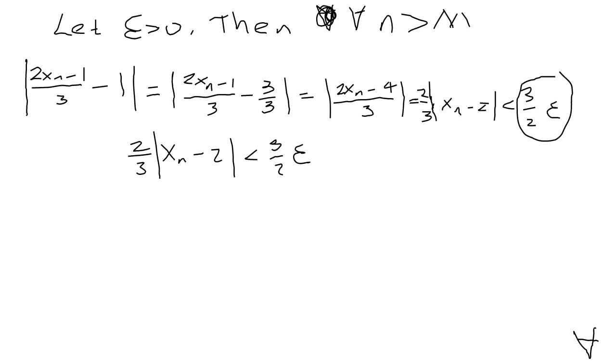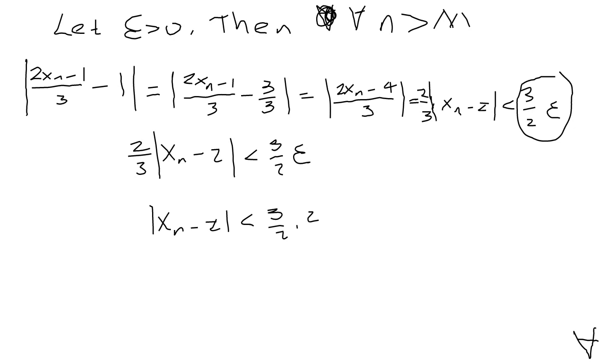But we actually need to show that this matches what we have been told is true. Multiply both sides by 3 over 2, so that x sub n minus 2 is less than 3 over 2 times the 2/3 right here.